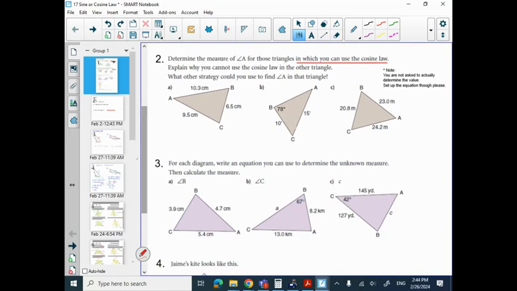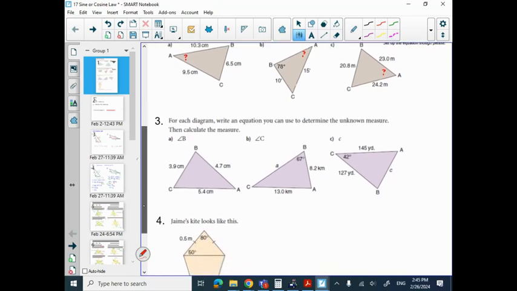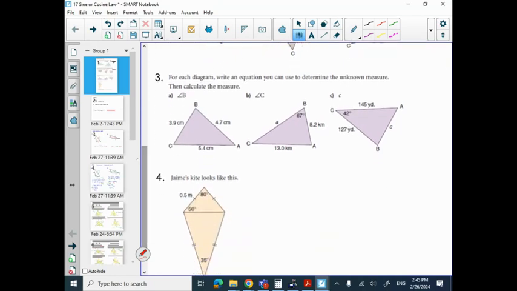Same thing here: for angle A in each one, say sine law or cosine law, show how you know, and set up the equation. I'm not actually asking you to solve it out. In part 3, solve for angle B and angle C and side C, using sine or cosine law as appropriate.